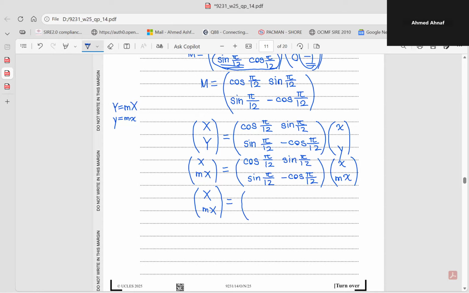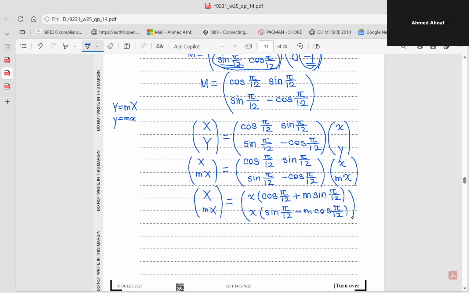So this one is just going to be x cos pi over 12 plus mx sine pi over 12, so it's just m sine pi over 12. This one is x sine pi over 12 minus m cosine pi over 12.